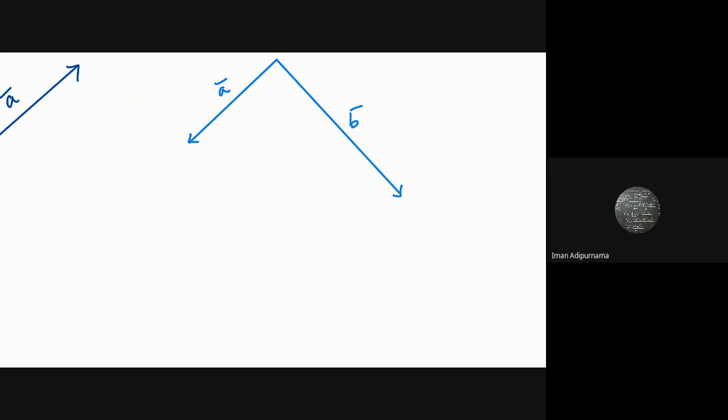Let's say we have this vector A, and also a vector here that is maybe vector B. What we can do is make another vector around here.